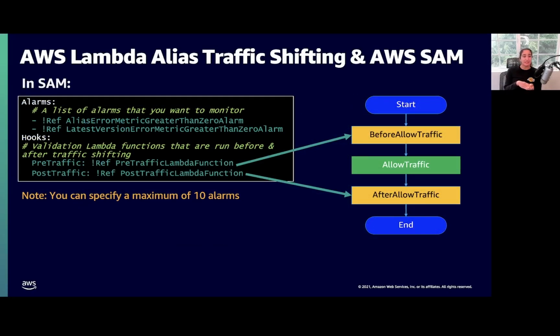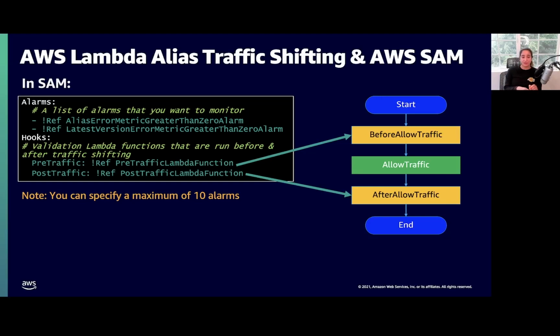Another thing that you can add to this are alarms, and we already talked about hooks, but alarms are CloudWatch alarms that are triggered by any errors raised by the deployment. They automatically roll back your deployment. An example of this is if the updated code you're deploying is creating errors within the application.